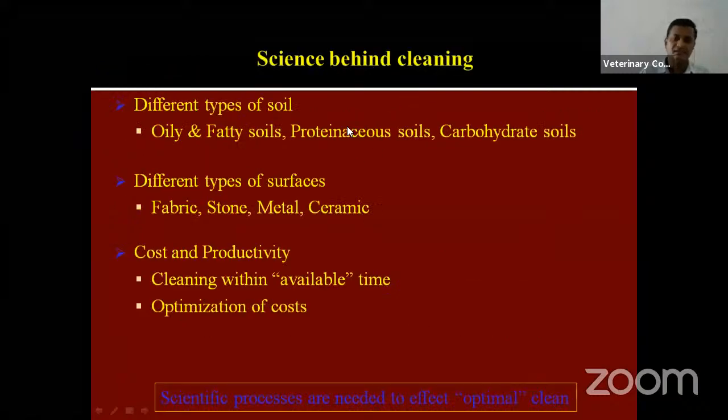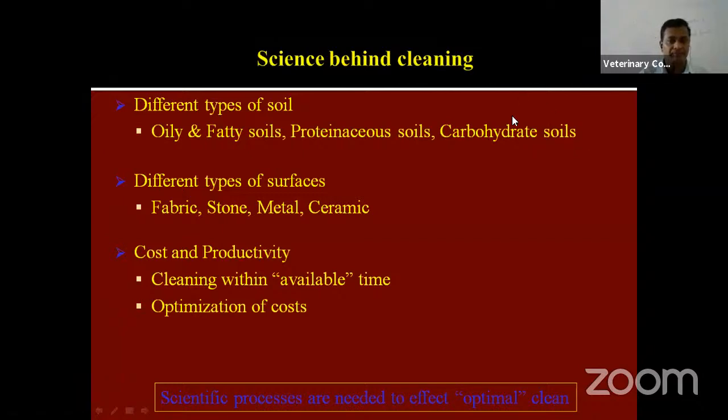There is a lot of science involved behind the cleaning process. If the type of soil is oily or fatty, the process you are going to apply, or the time-temperature combination you want to apply, will be different compared to a proteinaceous soil or a carbohydrate type of soil.